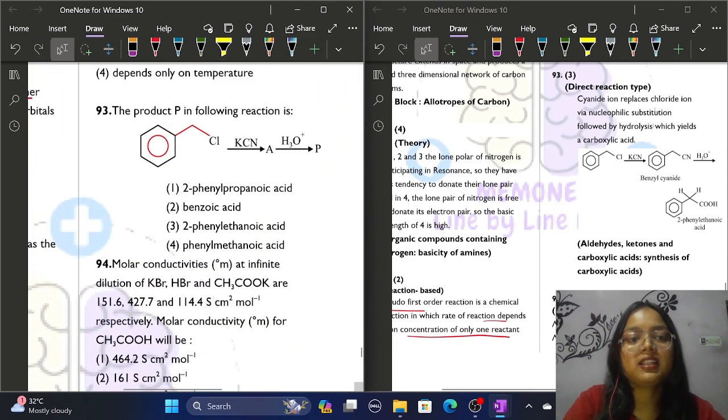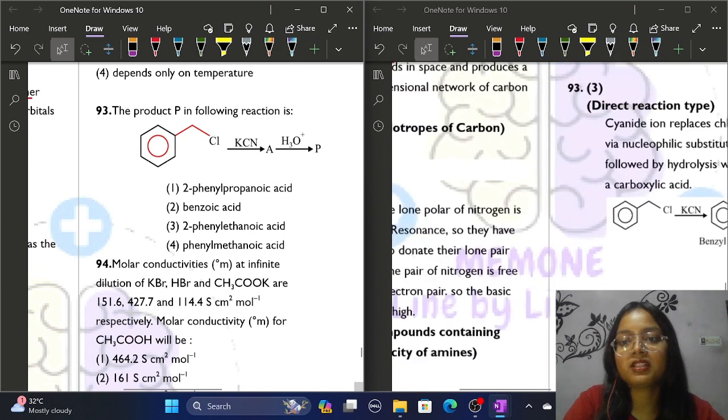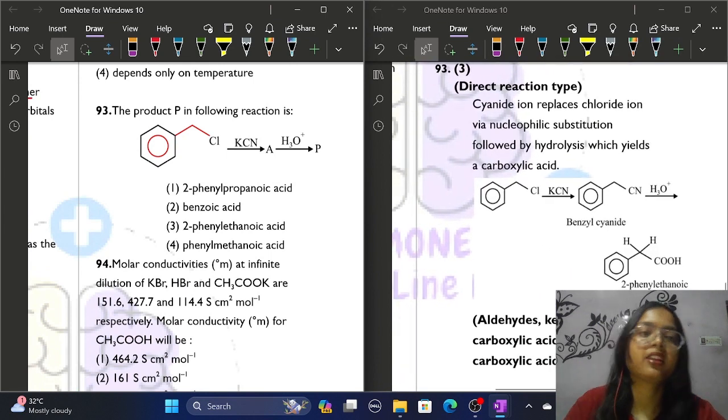Okay, question number 93. Yeah, the product P in the following reaction. Okay, the product P here, what is there? CH2Cl is there. Okay, methyl chloride is attached to the benzene ring, which on reaction with KCN gives product A, and which on hydrolysis gives product B. So we know that CN minus, what will CN minus do?